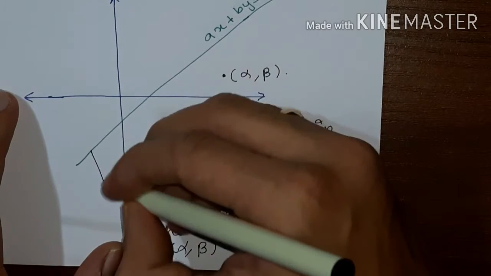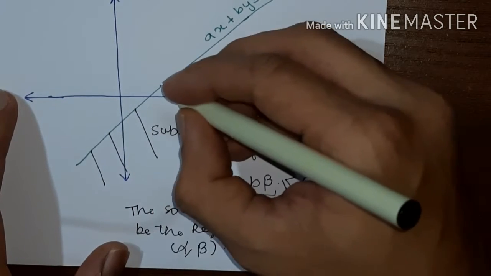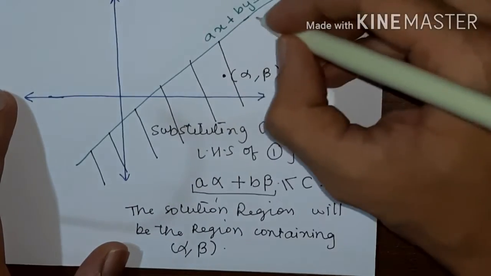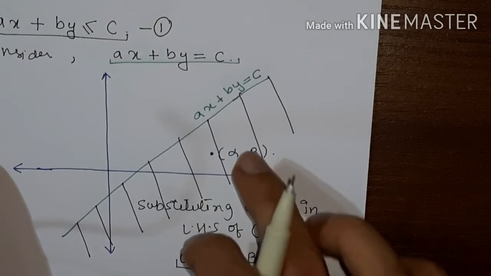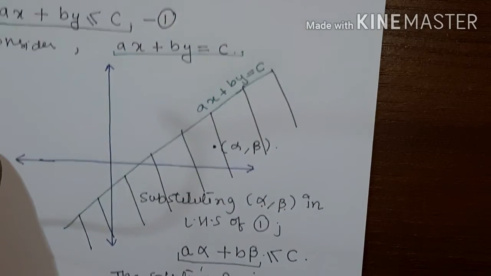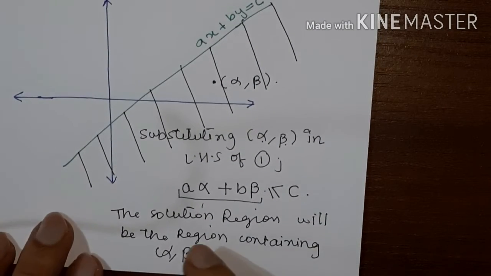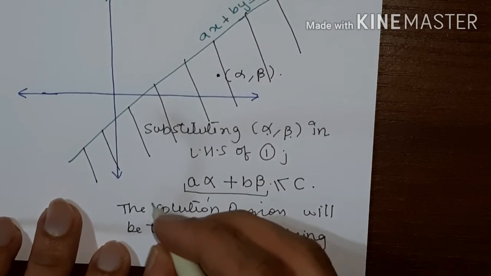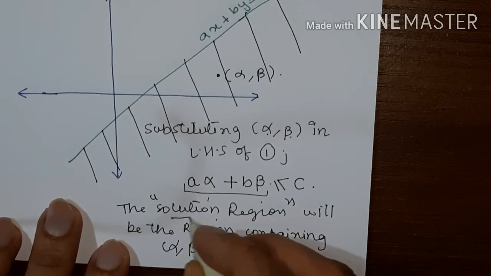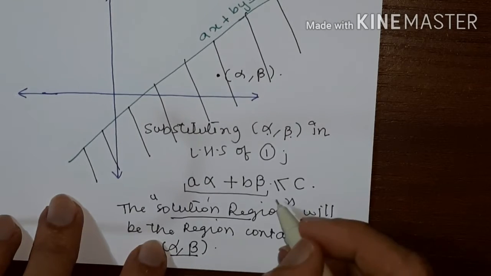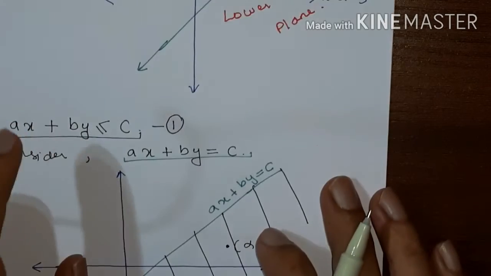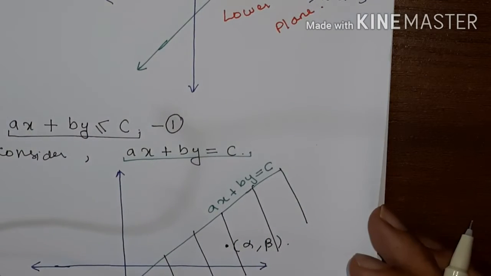You will get this region, because this region contains the point alpha comma beta. Have you understood? So the solution region is the region containing the point which satisfies the inequality.